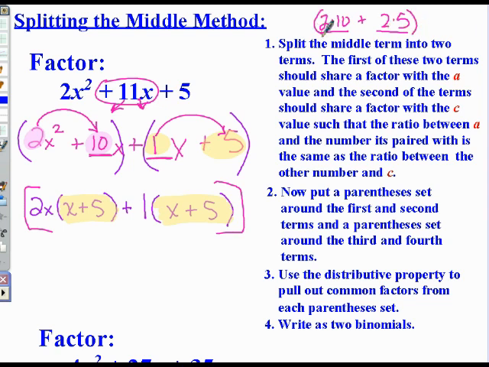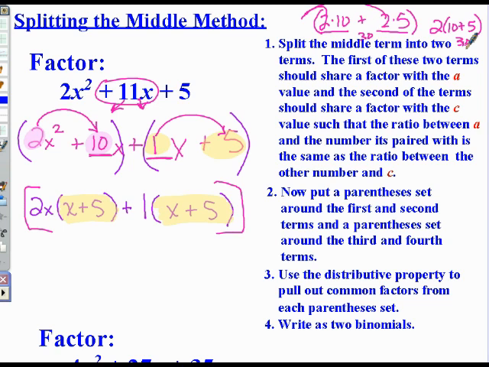So we could use distributive property and distribute backwards and pull the 2 out, which would give us 2 times the quantity 10 plus 5. Well, both of them give us the same amount. This is 20 plus 10, which is 30, and this is 2 times 15, which is 30. So when you have a common factor multiplying with other factors in a set, you can pull out the common factor using distributive property backwards.